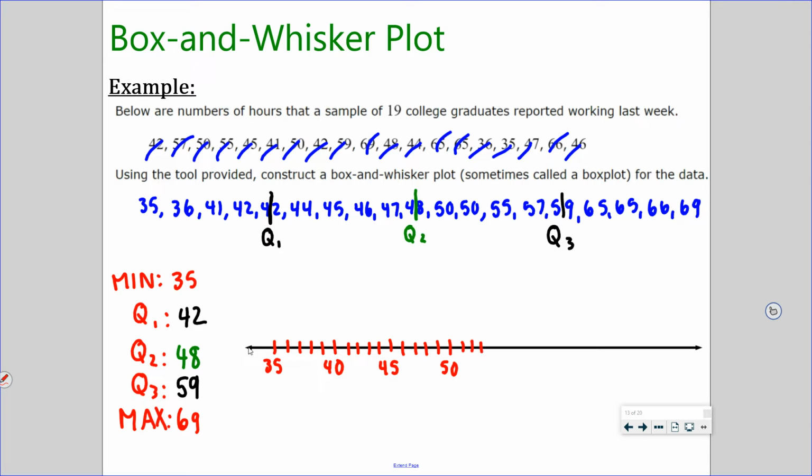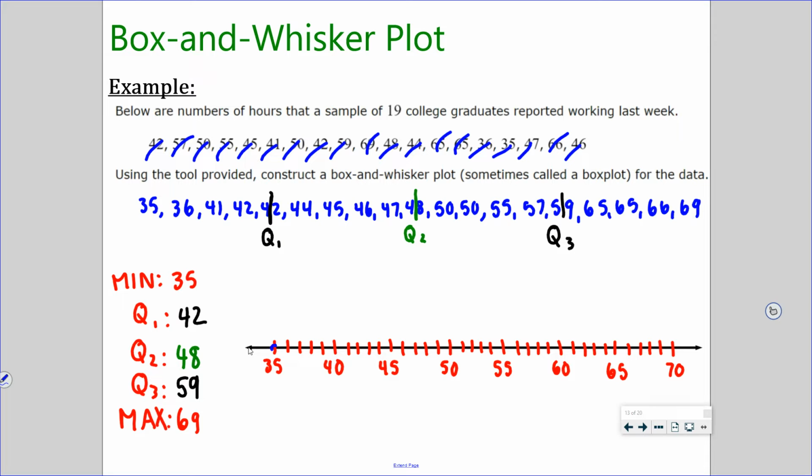50, 55, 60, 65, 70, and I don't need to go any higher than 69. Okay, so I usually start by plotting these 5 points.